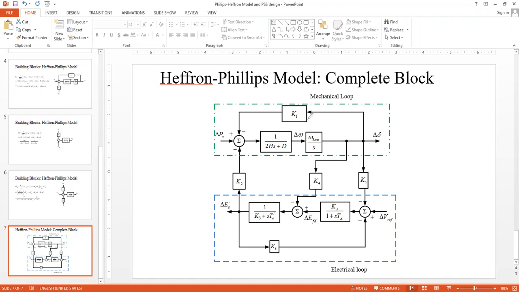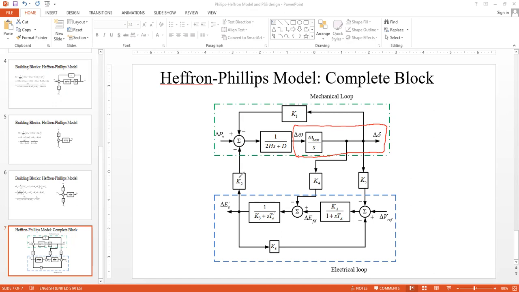If I want to separate them again, to highlight them, this is the first one. Del omega and del delta are related in the first one. In the second one, we took K1 del delta and K2 del EQ prime.